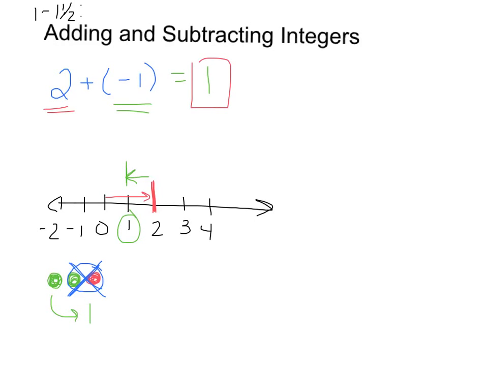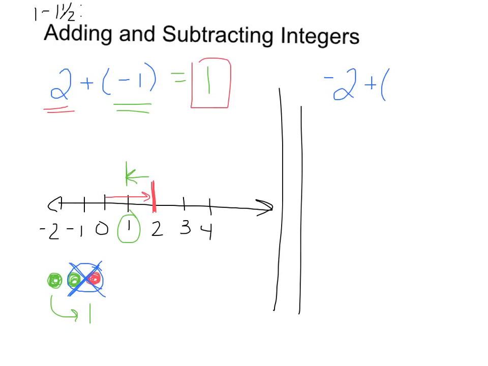What happens if we set this up a little bit differently? Instead of having 1 positive, 1 negative, hopefully you can do 2 positives: 2 plus 3 would equal 5. But let's start at negative 2. To negative 2, I'm going to add, say, negative 3.